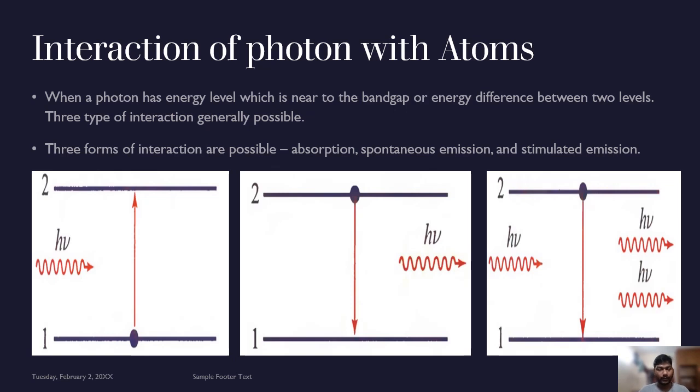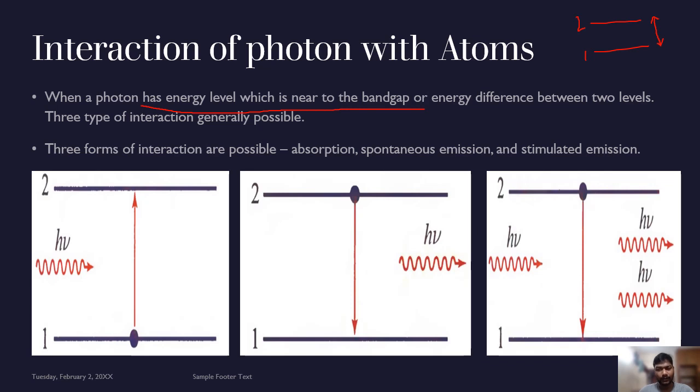As we have discussed, in quantum optics we can describe phenomena like absorption, spontaneous emission, and stimulated emission. Let us discuss these three phenomena using these figures. When a photon has an energy near the band gap, or the energy difference between two levels, this type of interaction is generally possible. This is level 1 and this is level 2.